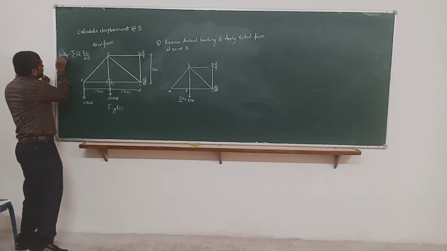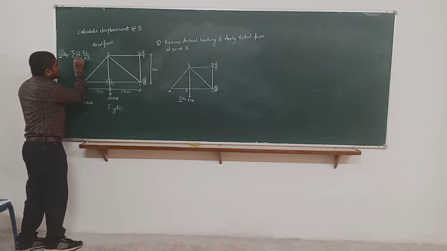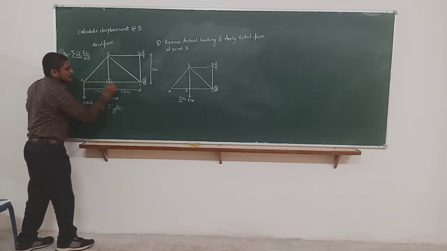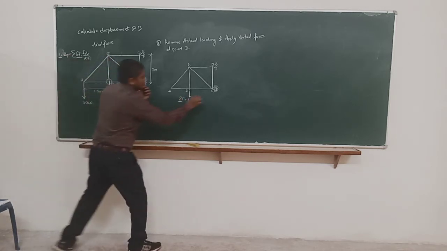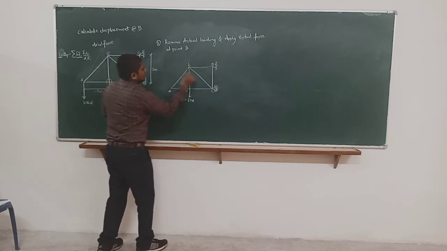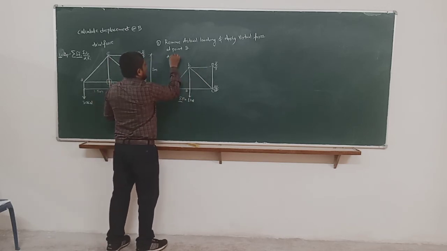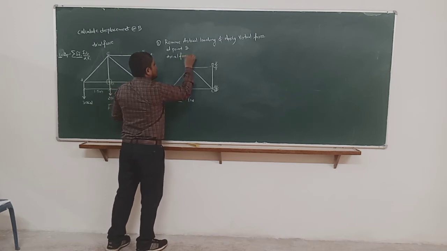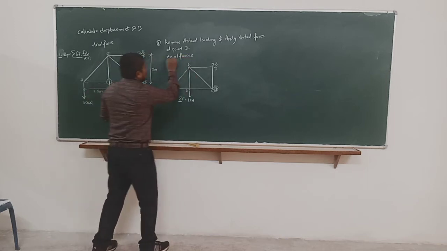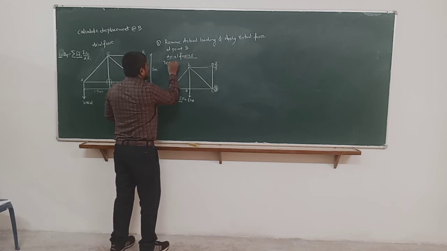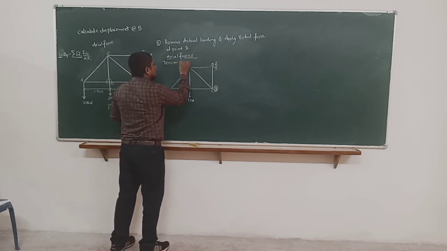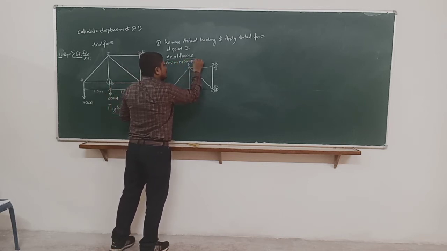Because of this disturbing force, there are member forces developing inside the structure. It is disturbing the whole structure. So axial forces will develop. It may be tension or it may be compression.